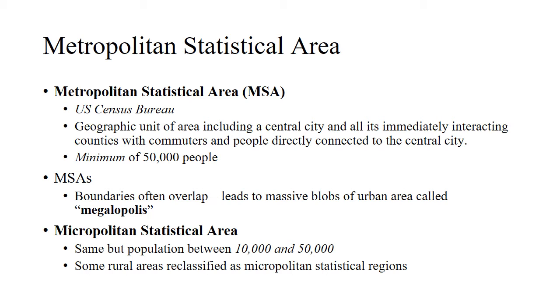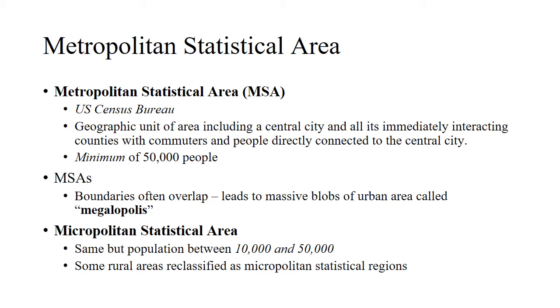The nearby counties that have lots of people working within the core city, or commuting or interacting there to buy groceries or use other services, go to the courthouse or the DMV or talk to a lawyer or whatever, but people that are frequently connected with and interacting with that central city would help that county to be included as part of the MSA, as part of the Metropolitan Statistical Area.